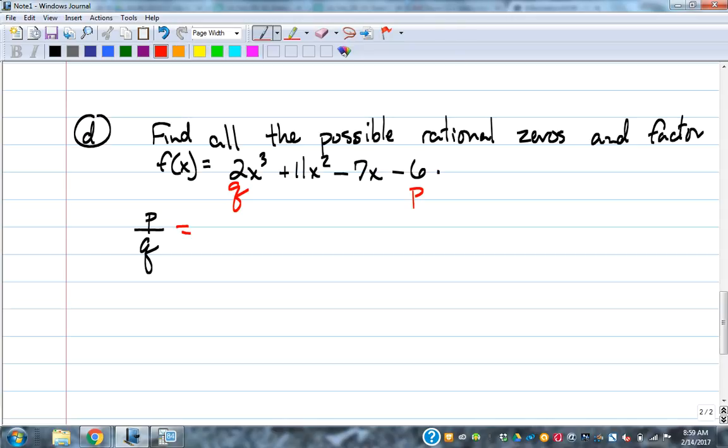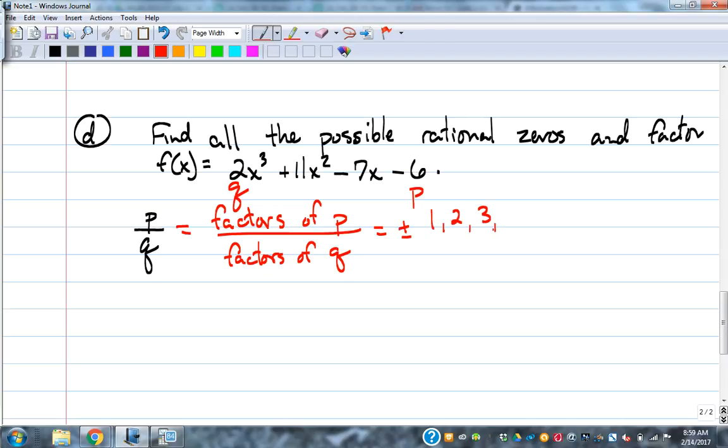So the rational zeros theorem says instead of having all the numbers in the world possible, you can narrow it down to a small list. Okay, and the small list is going to come from the factors of P divided by the factors of Q. So, factors of P over factors of Q. Well, what are the factors of 6? 1, 2, 3, 6.